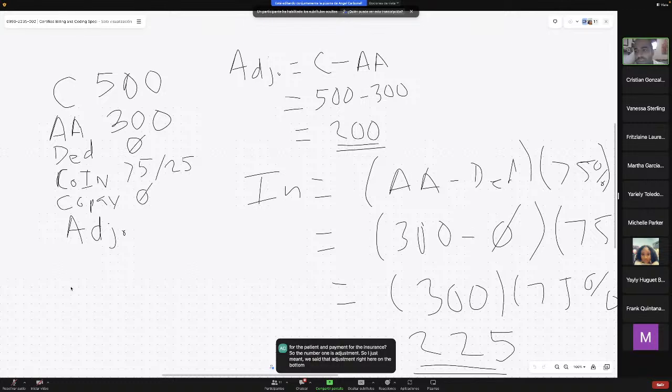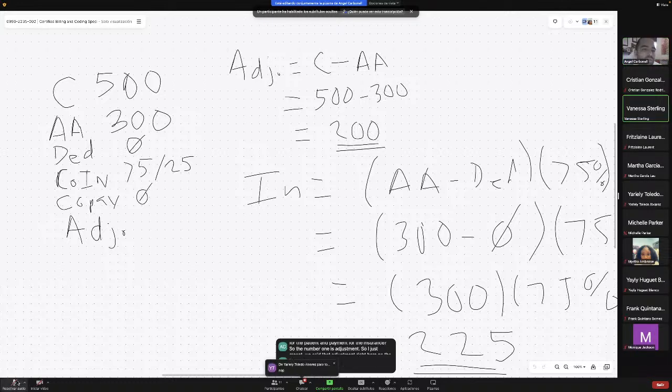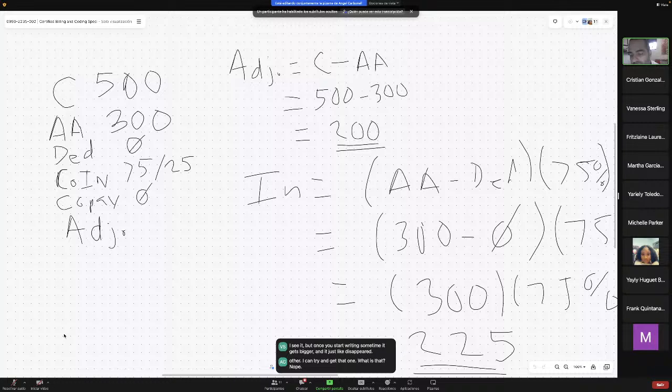I do not see the screens. Anybody else does not see the screen? Let's see. I see it, but once you start writing, sometimes it gets bigger and it just disappears. Weird, right? I think I want to do it in the other. I can try in the other one. Jarieli, you saying that you can see it or you cannot see it? I don't see it.